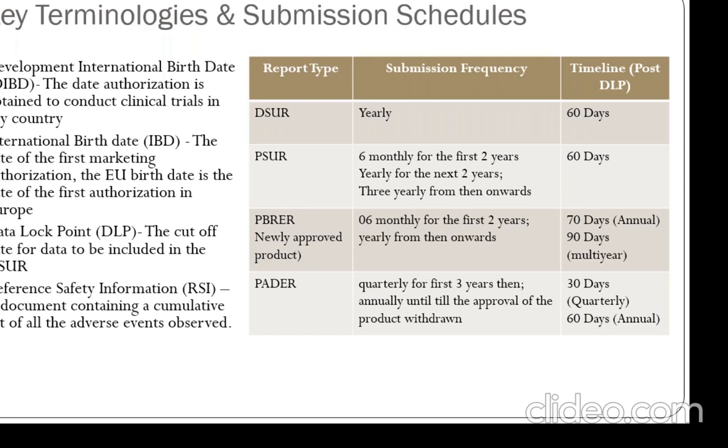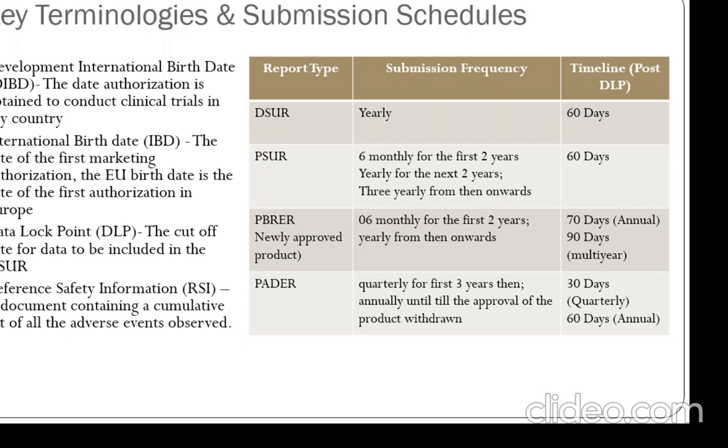It is an older report, which we will see, and it has a slight distinction when it comes to the PBRER. The PSUR is submitted at a 6-monthly interval for the first 2 years after the authorization is granted, then yearly after the 2 years, and 3-yearly from then onwards.